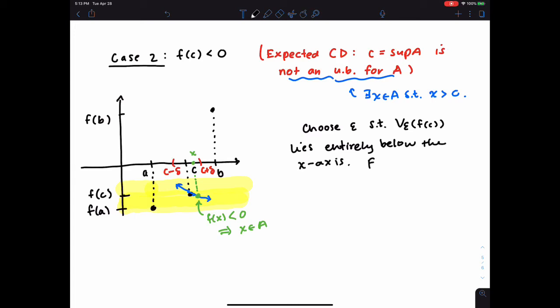So for example, we can let epsilon just be the distance of f of c to 0, which is the absolute value of f of c. Or we could use any other 0 less than epsilon less than or equal to absolute value of f of c.